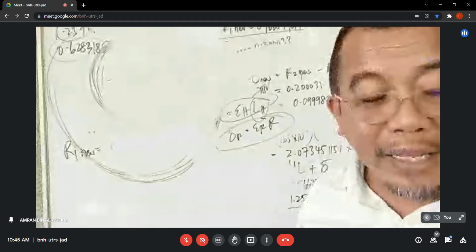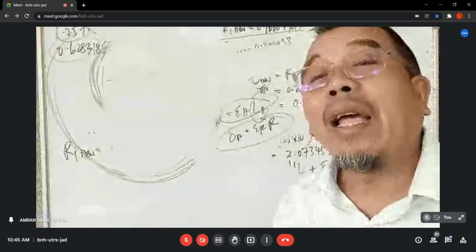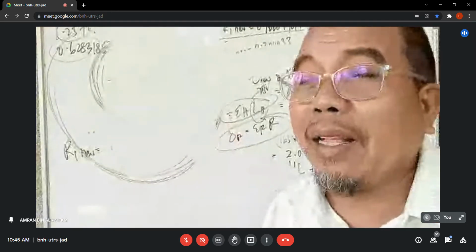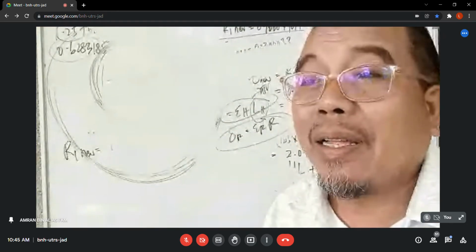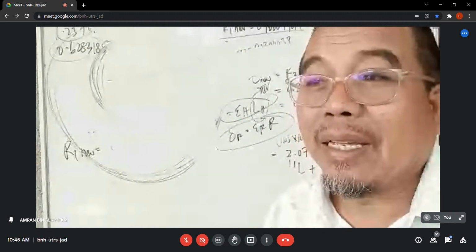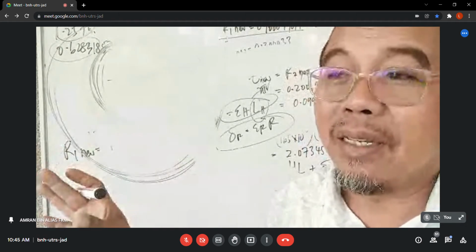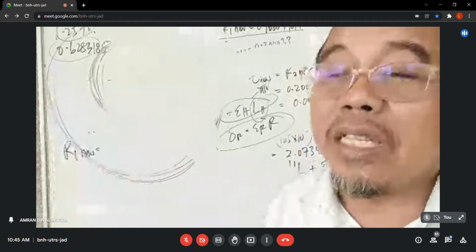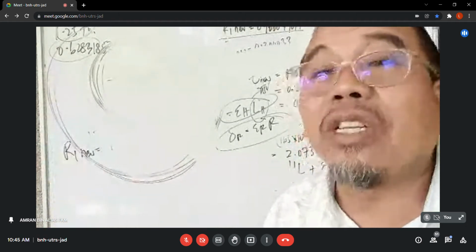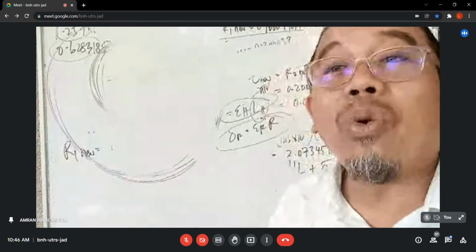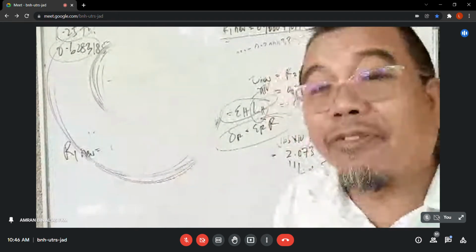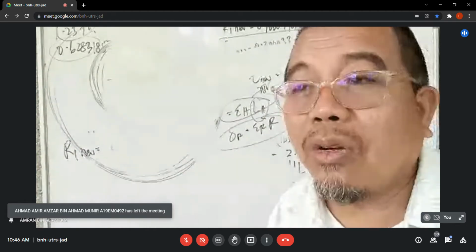Okay, I think it's enough for today. I think you know how to calculate the change in the size. R1 changing, R2 changing, so the thickness is also changing. What is the new? What is the old? You have to blend yourself to create those equations on your own.